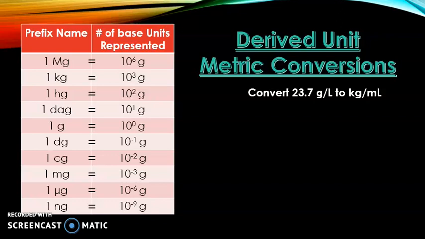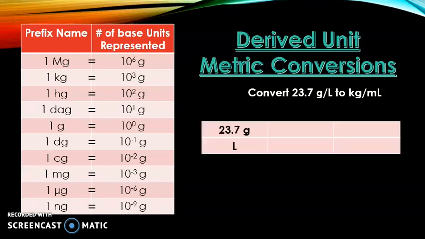But in this case, there's actually something to put over instead of just 1. We have liters on the bottom. So we're going to start to set up our fraction, but notice how I set this up. I put the 23.7 grams on the top because that's on the top part of the fraction. The liters is on the bottom, so I simply put the liters on the bottom of that unit.